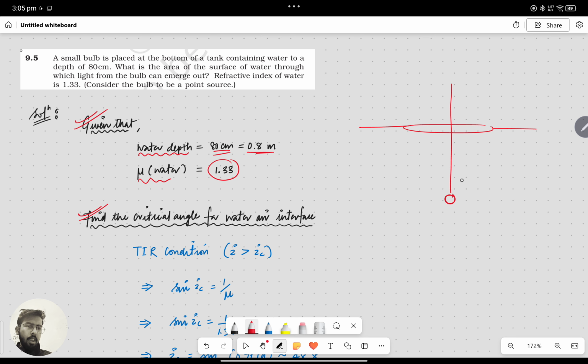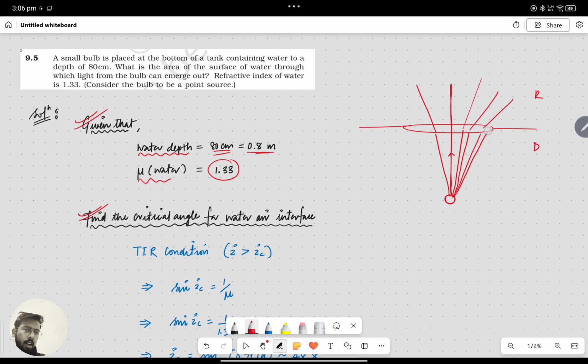So this is the bulb, and when the light ray goes from denser to rarer medium, it bends away from the normal. The light ray that is going along the normal will pass straight through. Simple ray optics rule. The light that is going a little deviated from the normal will deviate more, and similarly this way also it is going to deviate more, and the more deviated line will deviate still more.